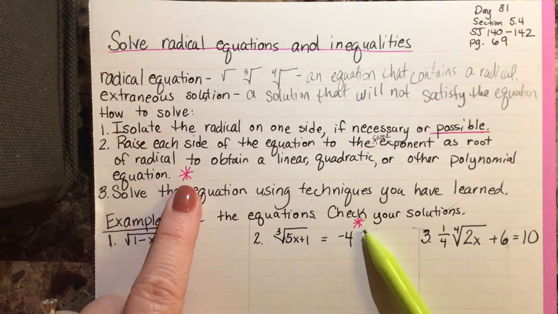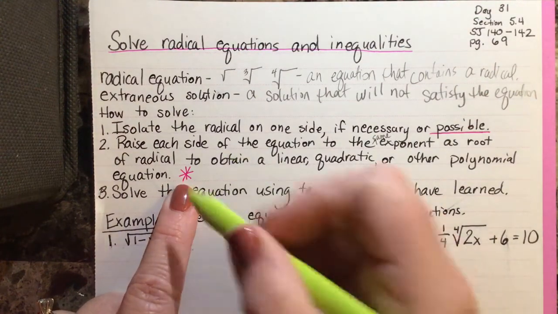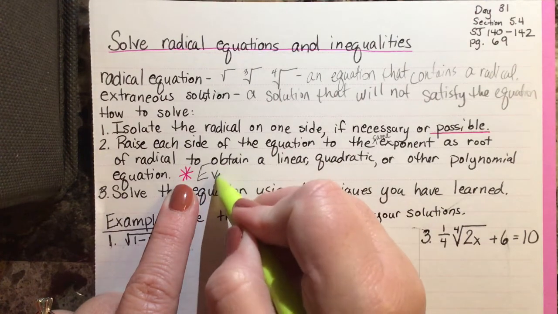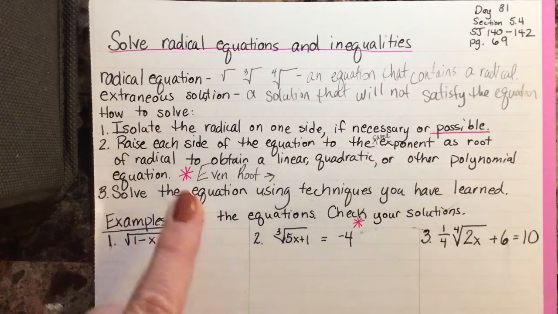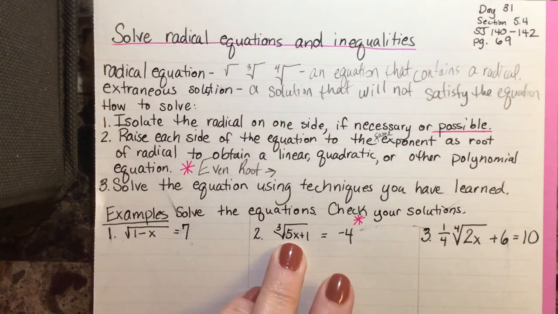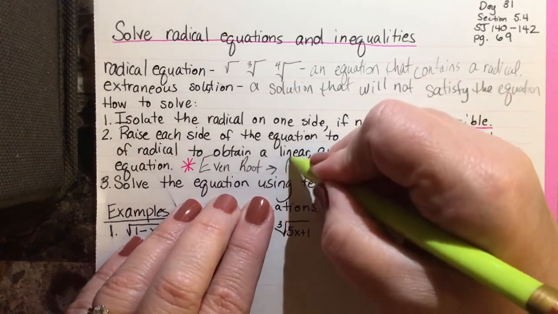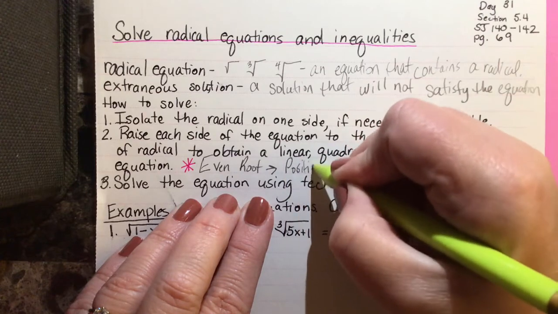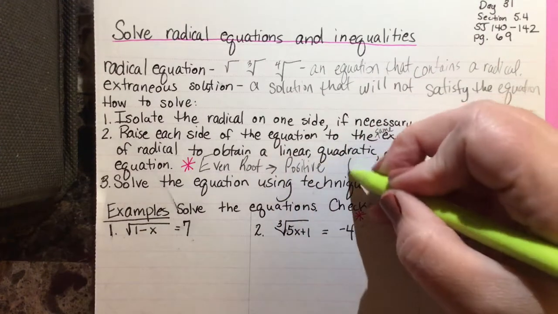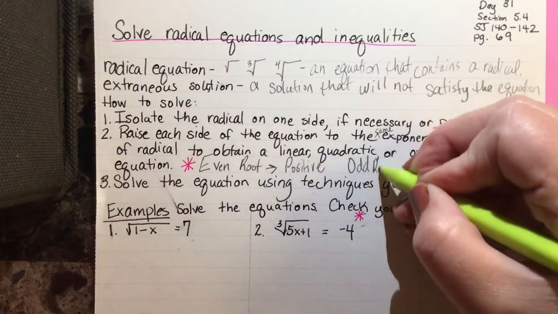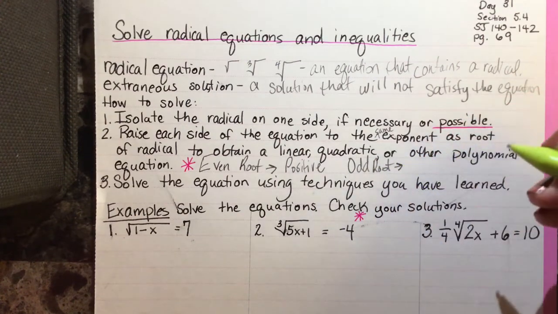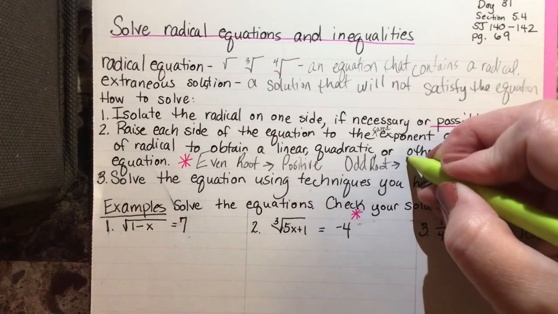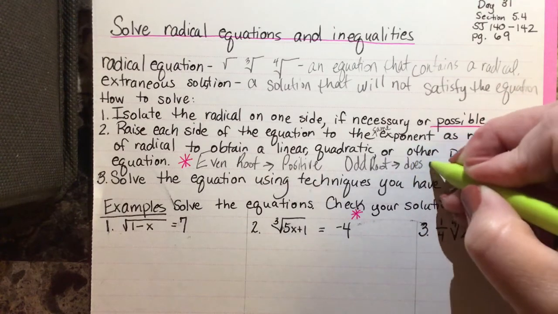If you have an even root, once you have isolated your radical, then the number on the other side of the equal sign has to be positive. If you have an odd root, it doesn't matter, because you can cube an odd number and still get an odd number, or raise an odd number to the fifth power and still get an odd number.